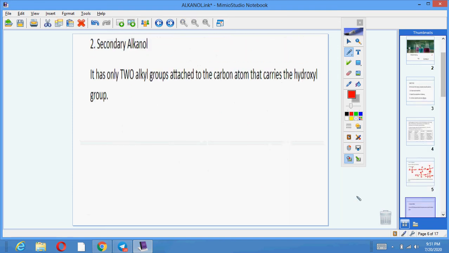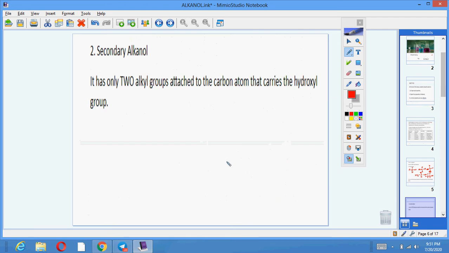Secondary alkanol has two alkyl groups attached to the carbon atom that carries the hydroxyl group. So we can have it in this format, or we can still have it like this.